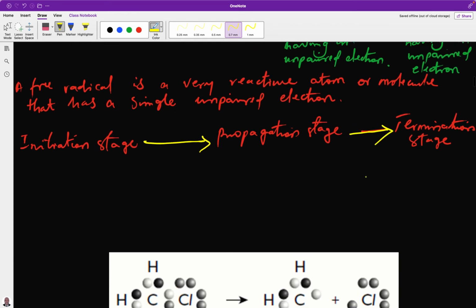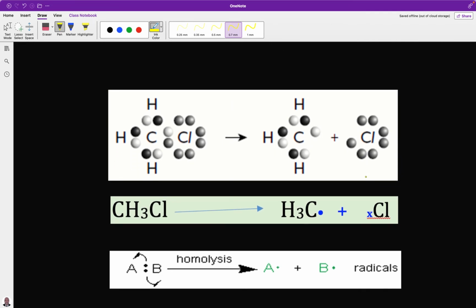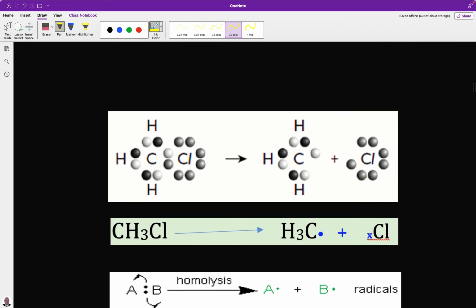So now, this is another example: a chloromethane molecule. In this chloromethane molecule, as I said, there is even breaking of bonds. When there is even breaking of a bond, what happens?